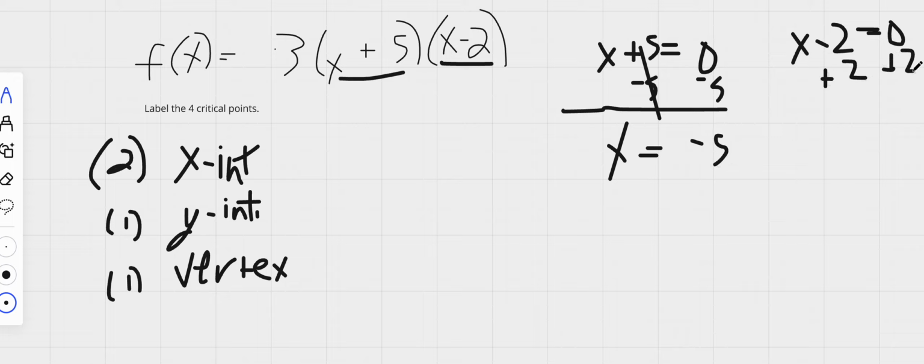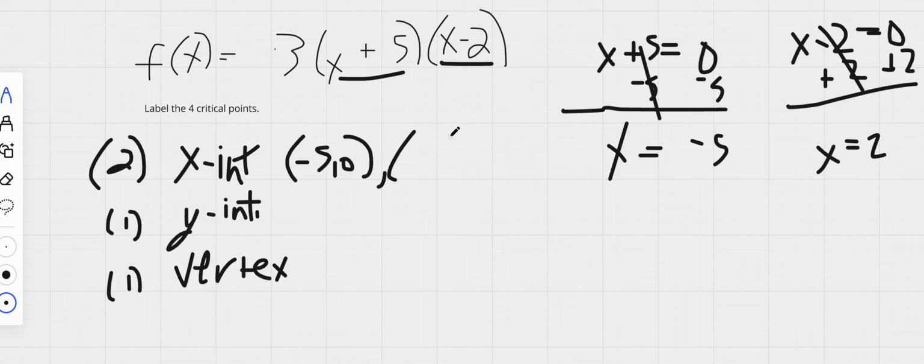Add 2 to both sides. So, remember, our x-intercept is the x value when y is 0. So there it is, negative 5, 0.